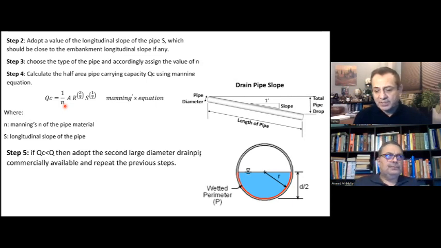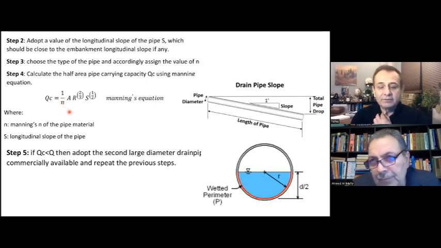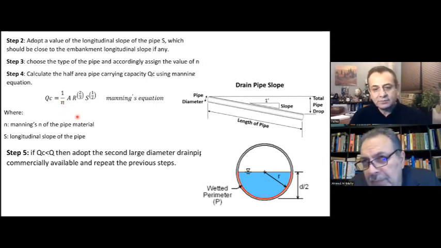Usually the companies that produce pipes do their experiments and evaluate the n value for their pipes. The smoother the pipe, the lower this value. The n value is like 0.01, 0.02, 0.05.